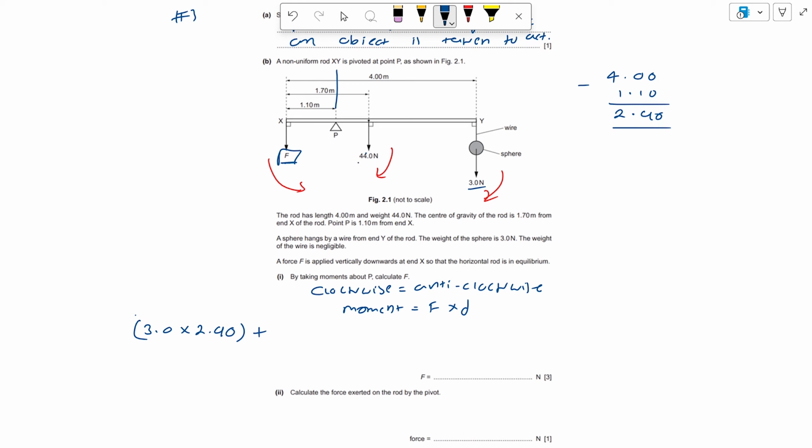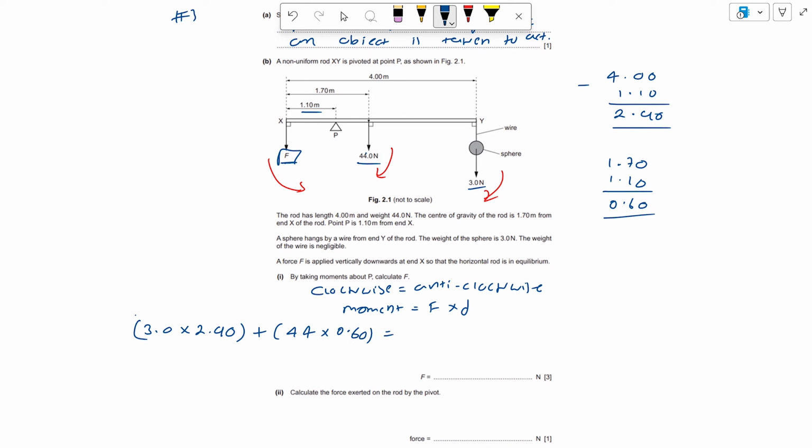Plus 44, and the distance from the pivot is going to be 1.70 minus 1.1, and that is going to be 0.60.